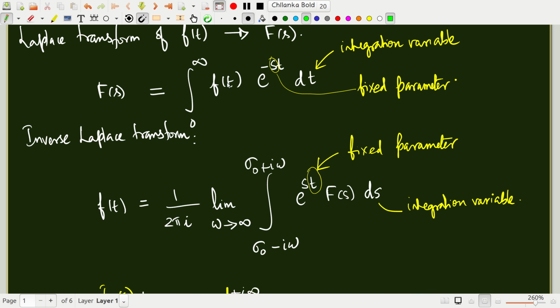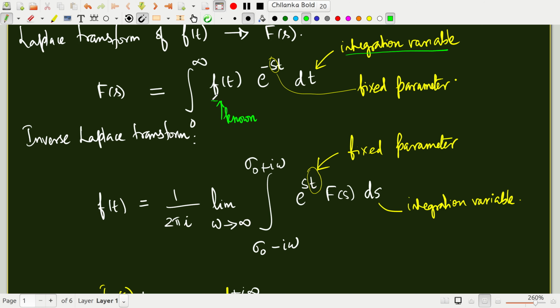If f of t is known, I multiply it by e to the minus st and then integrate over t from 0 to infinity. In this expression, t is a real integration variable, whereas s is a fixed parameter. It can be complex in general.